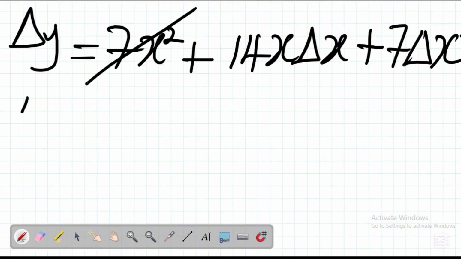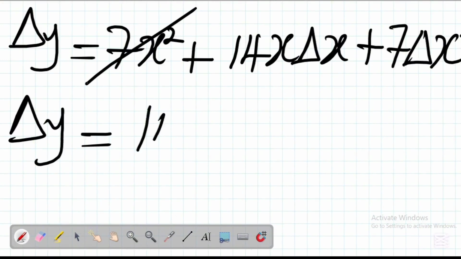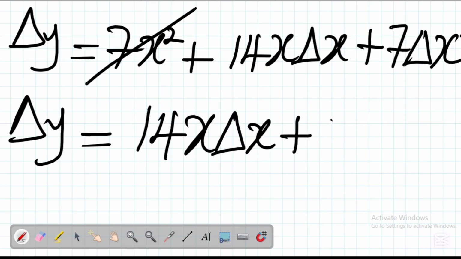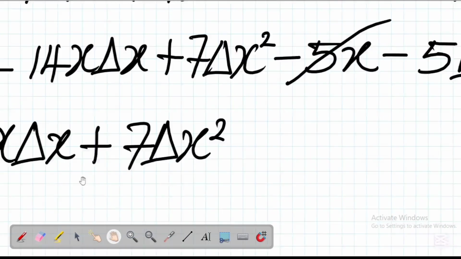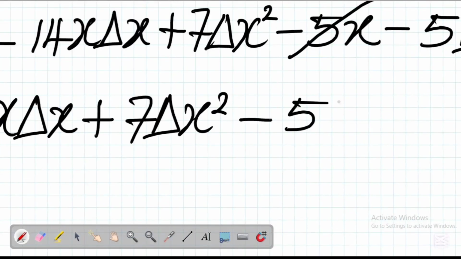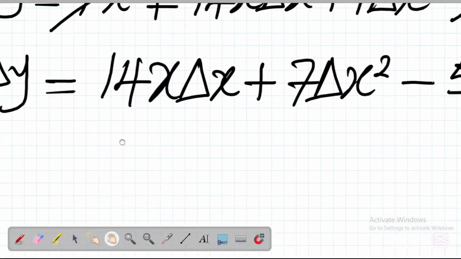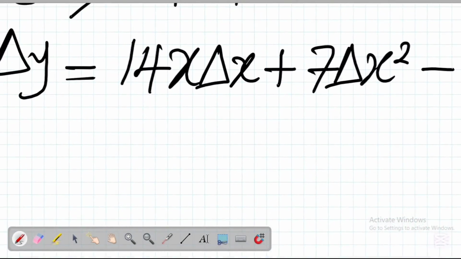So we are left with change in y equals 14x change in x plus 7 change in x squared minus 5 change in x. Our next task is to divide both sides by change in x.